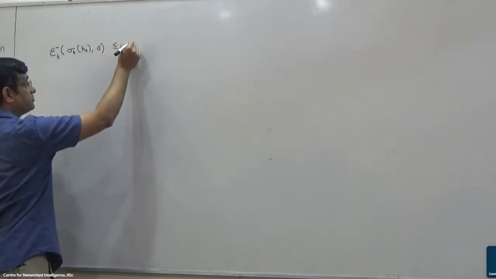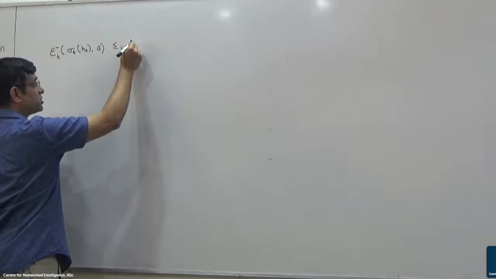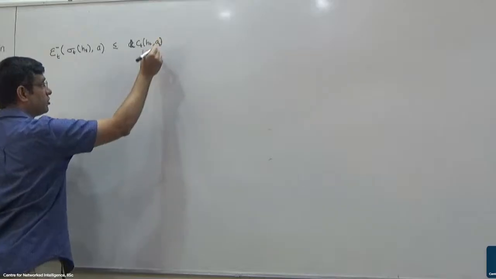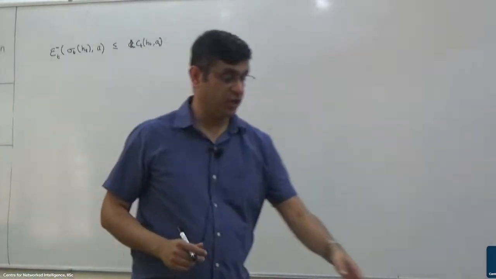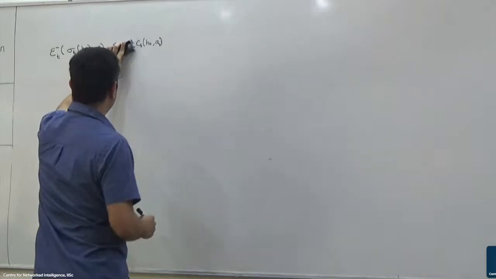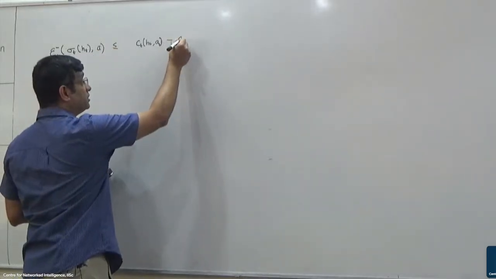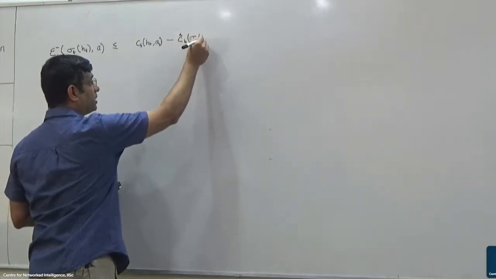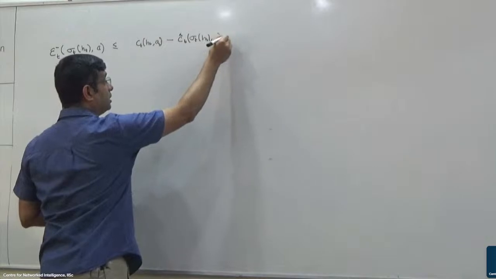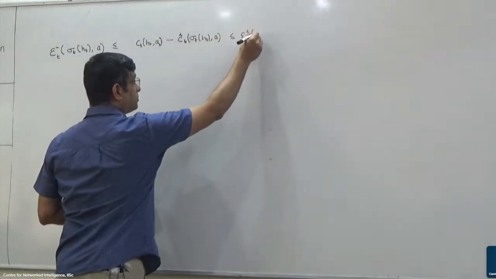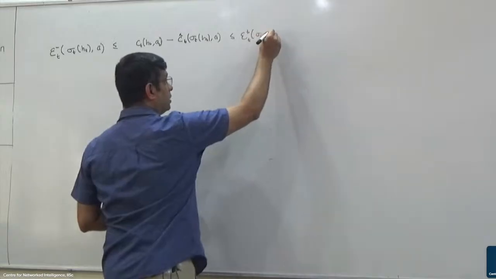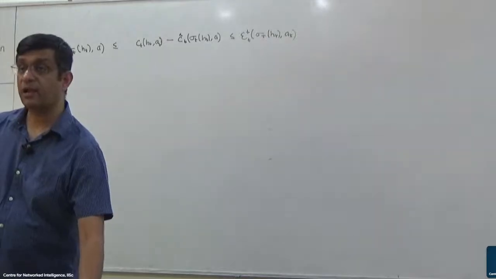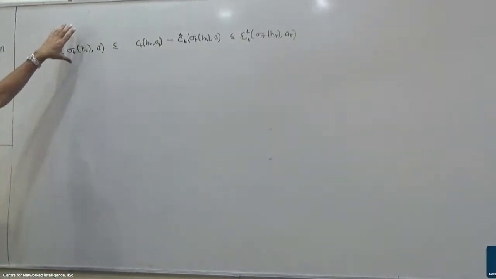So let us call this C_t of H_t, A_t, the expectation of the per step cost conditioned on the history, just slightly easier to write, minus C hat t of sigma t of H_t, A_t, to be less than or equal to epsilon plus of sigma t of H_t, A_t. This was one bound that we had, and overall our expressions were then in terms of epsilon t and delta t.